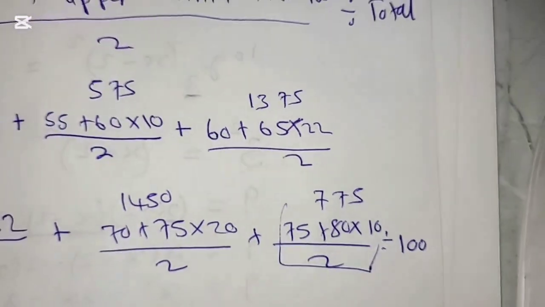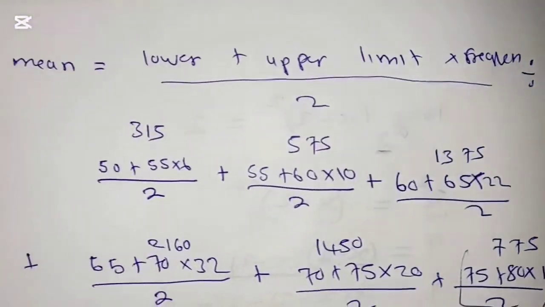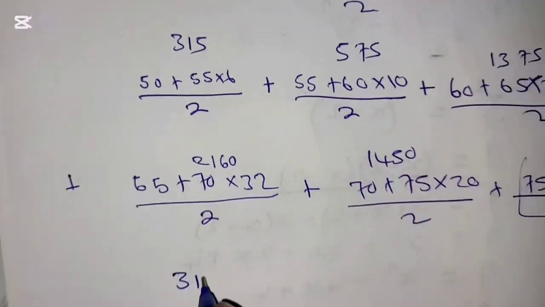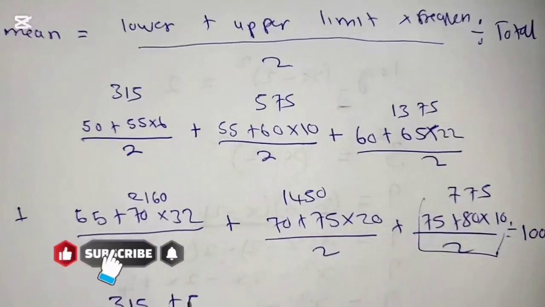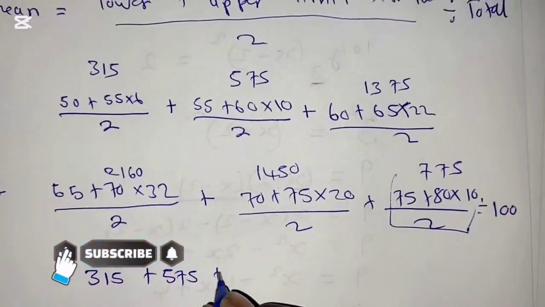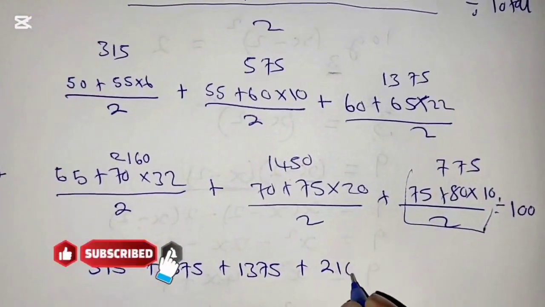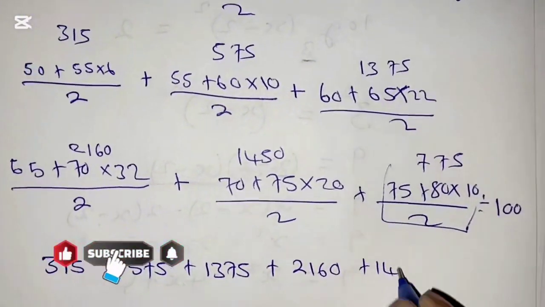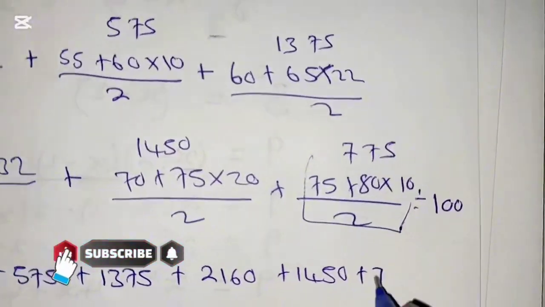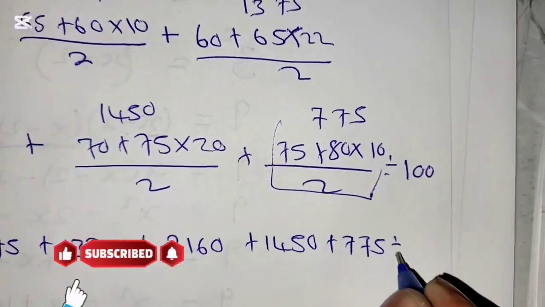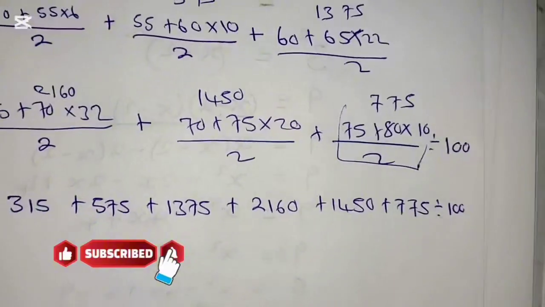Okay, so we are going to add all of it. 315 plus 575 plus 1375 plus 2160 plus 1450 plus 775 divided by what? By 100.